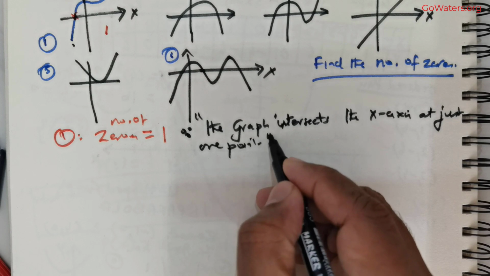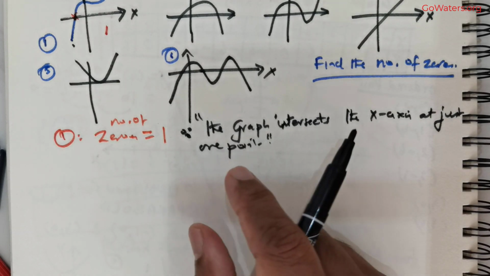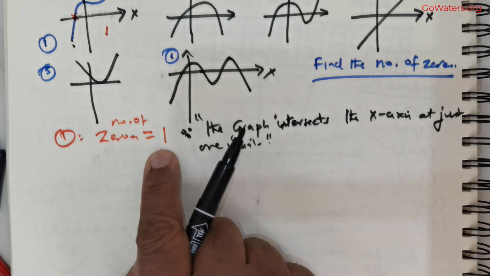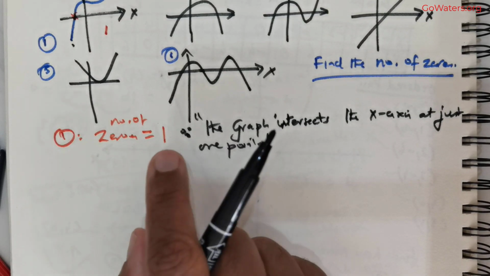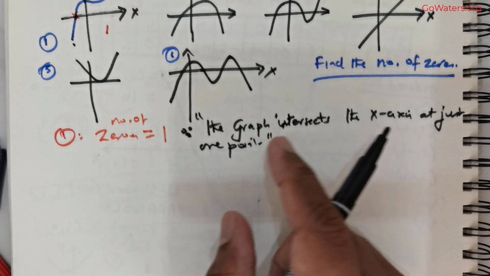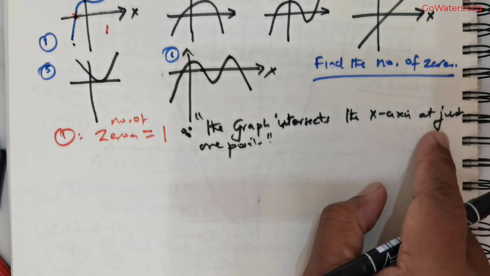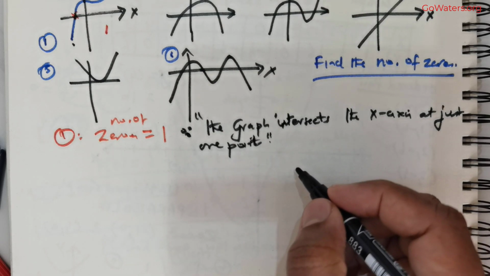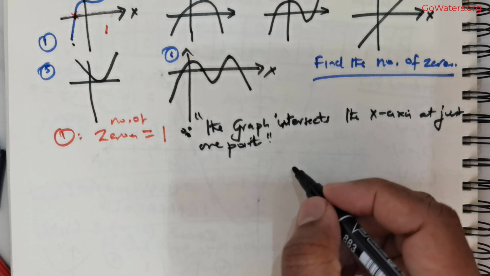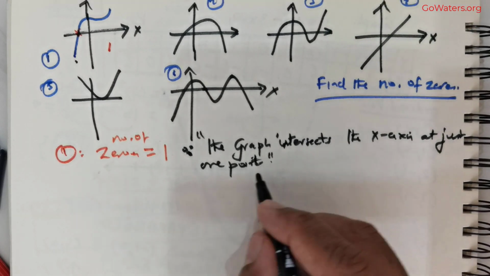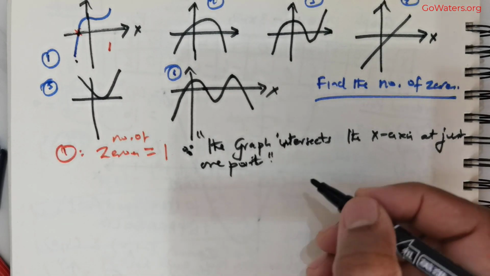Remember the sentence formation. If someone is asking you why this is the case, you need to answer that why with the justification. Because the graph intersects the x-axis at just 1 point. So justification is a very important part of mathematics. You will have to learn to write.